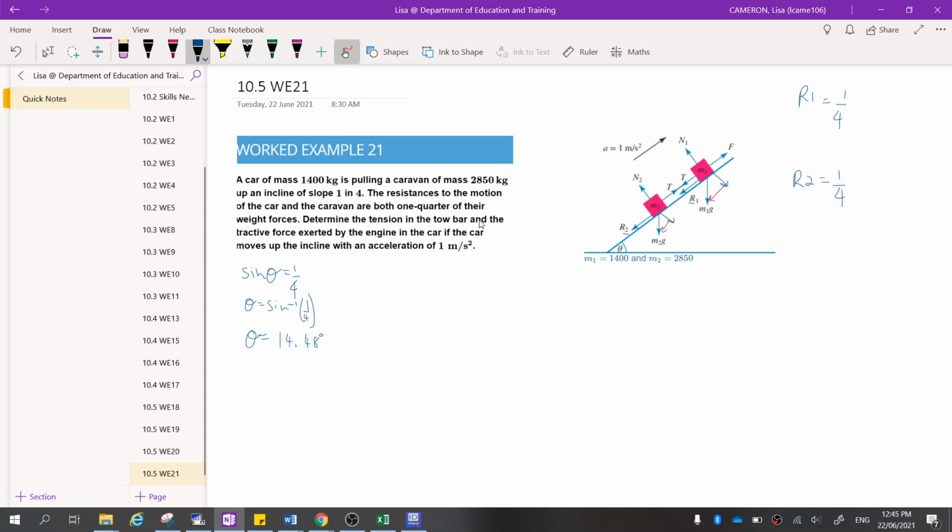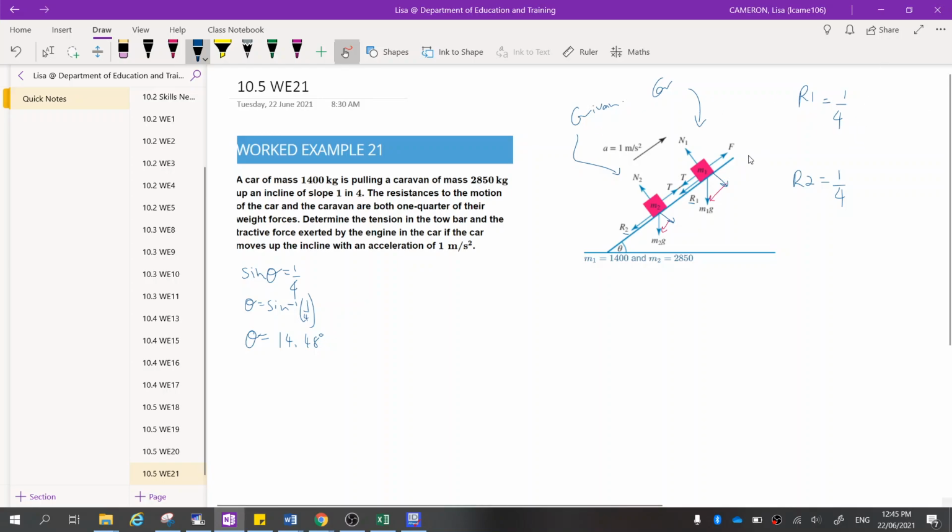Now, determine the tension in the tow bar and the tractive force exerted by the car engine if the car moves up the incline with an acceleration of 1 meter per second squared. Now, if we're moving up the incline, this has to be the car. The caravan does not tow the car, the car tows the caravan.